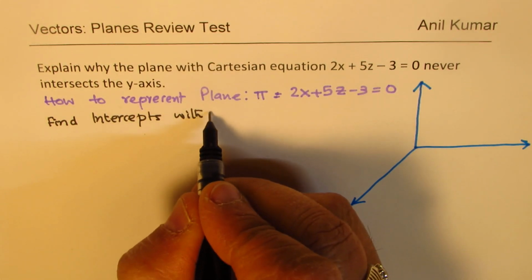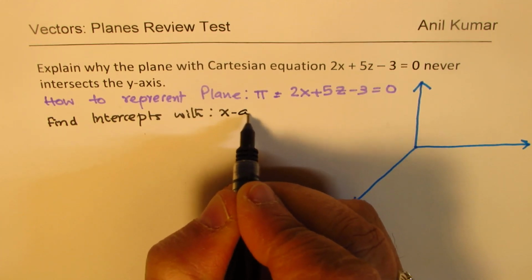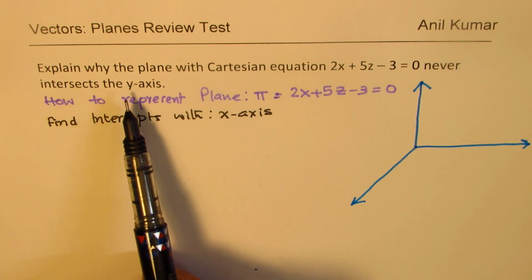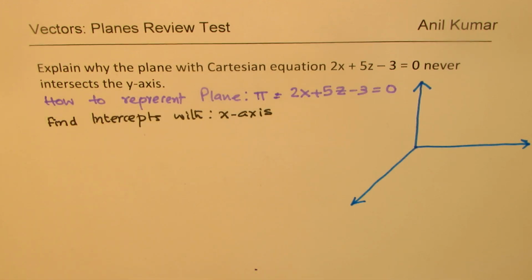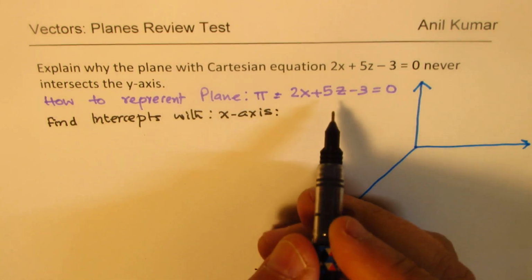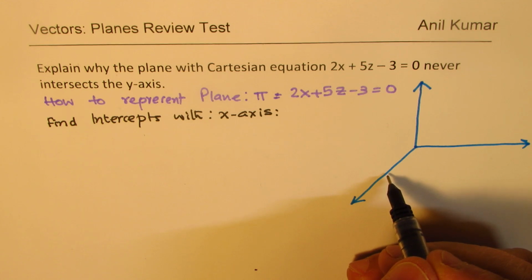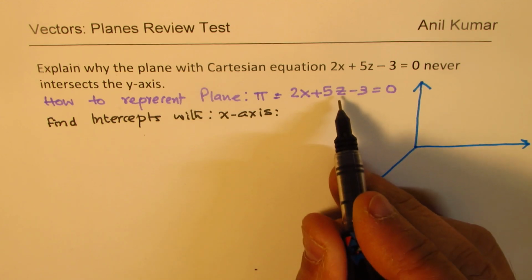So let's find with, let's say, the x-axis first. The question says never intersects the y-axis, so we'll see that later, but we can always try with the x and z-axis, right?